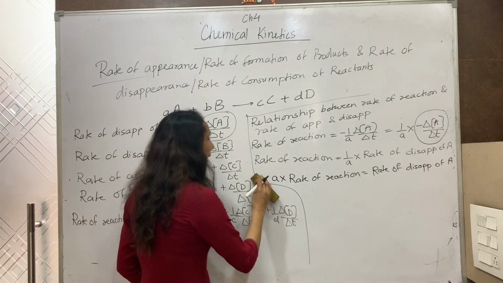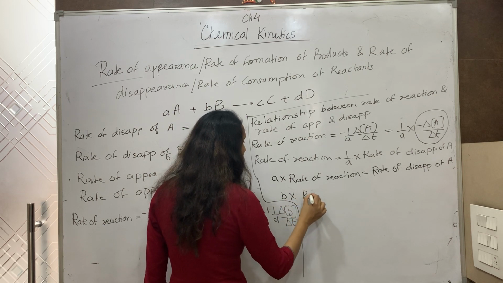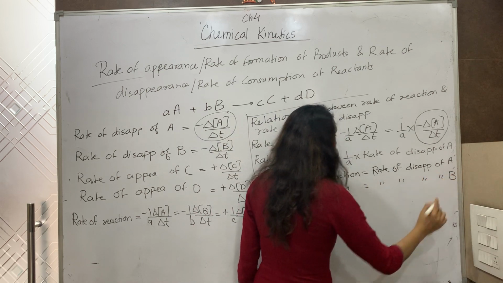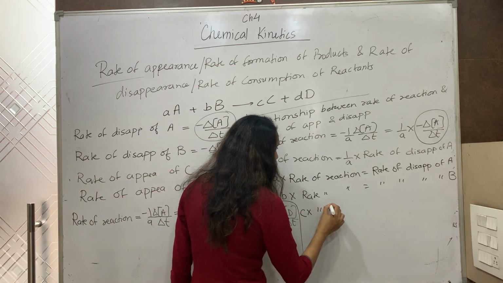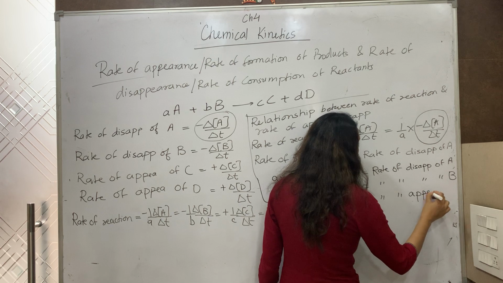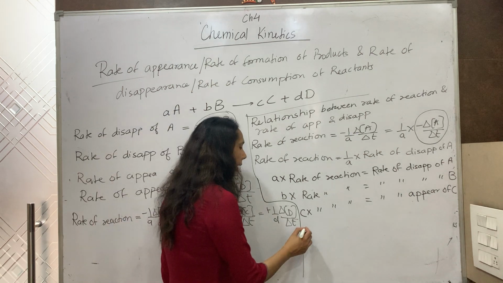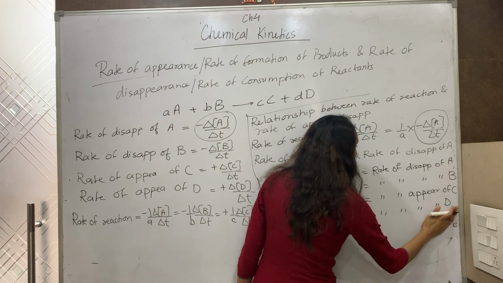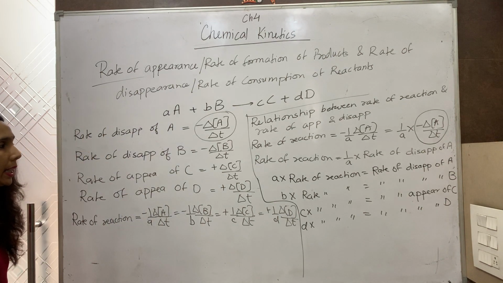And similarly, if I take it in terms of B, we can write it as B into rate of reaction is equal to rate of disappearance of B. Third, I can take small c into rate of reaction is equal to rate of appearance of C. Same way, small d into rate of reaction is equal to rate of appearance of D. So this is the relationship between rate of reaction and rate of appearance and disappearance.